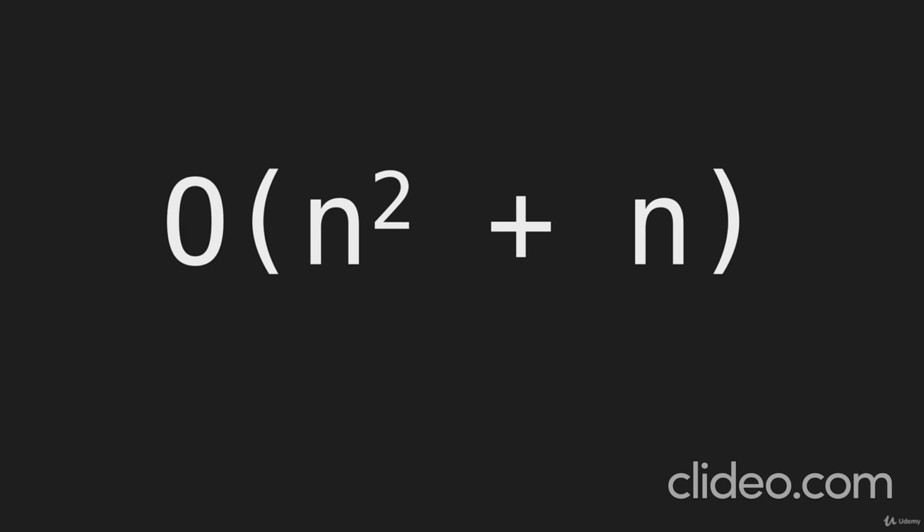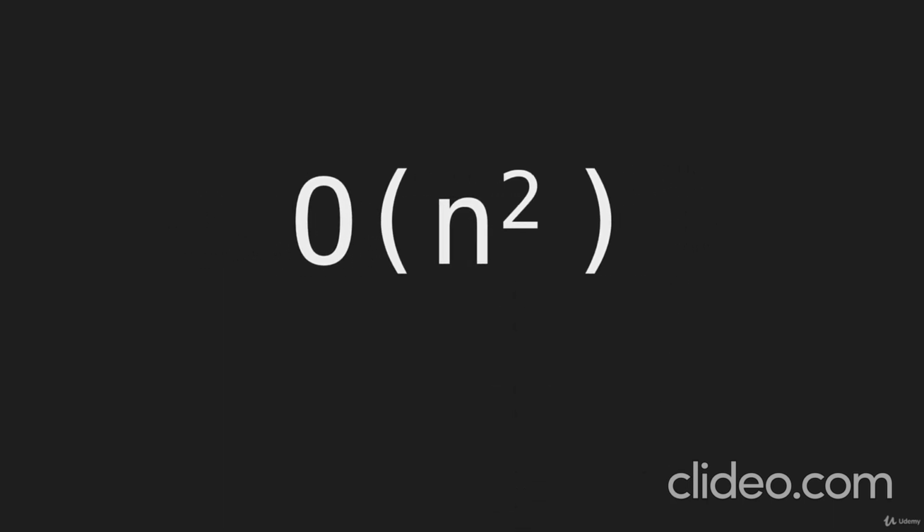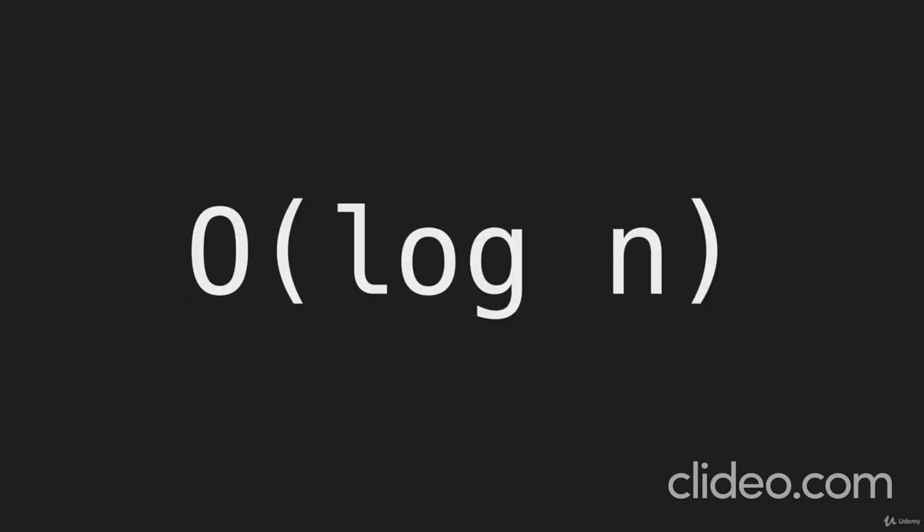It's not really affecting the number of operations. n squared is the dominant term, and n by itself is the non-dominant term. So we just remove it. So we drop non-dominance.